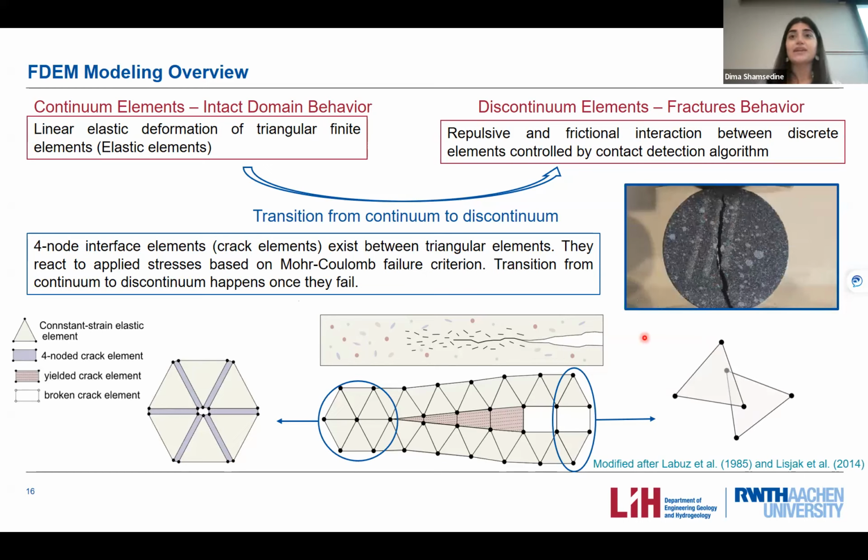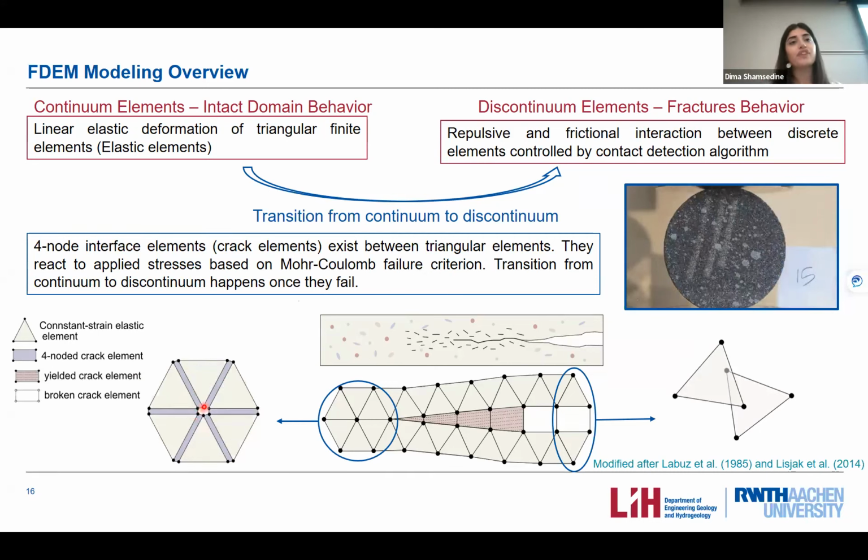So the FDEM can replicate this behavior. In the numerical modeling, first, we start with the intact domain, which is discretized into finite elements, triangular finite elements shown here. And these elements deform elastically, with a linear elastic deformation.